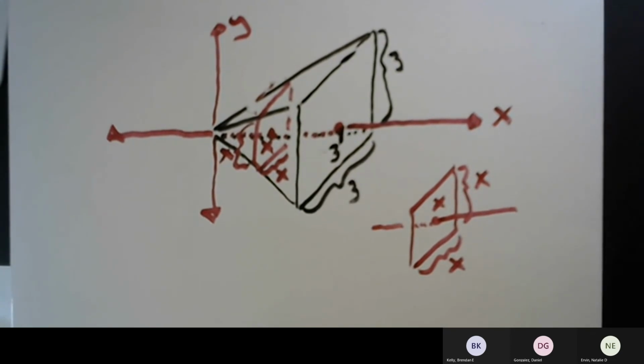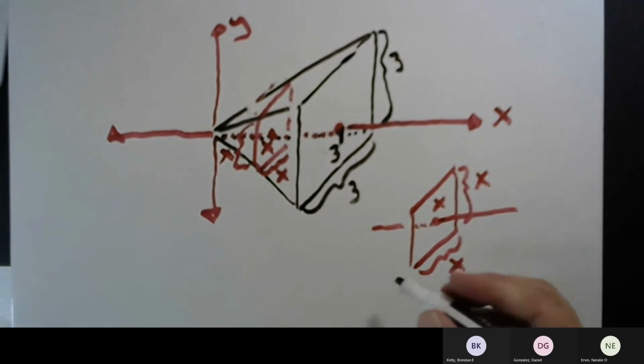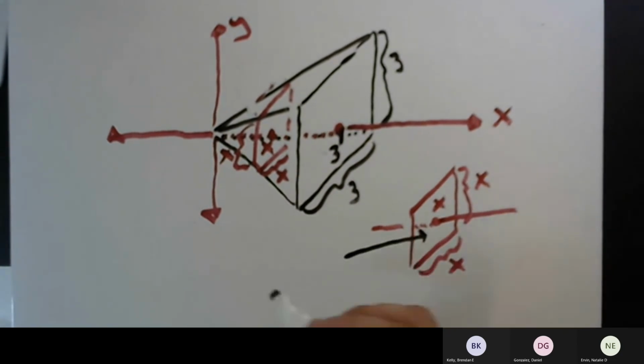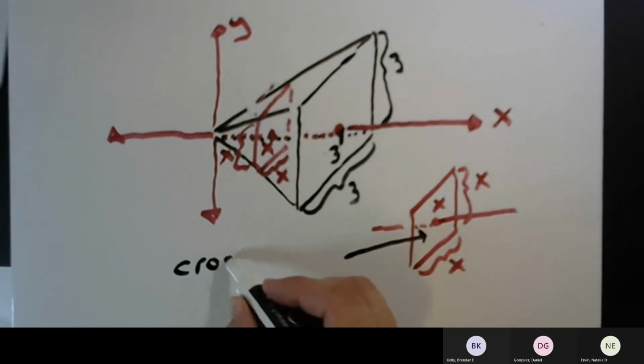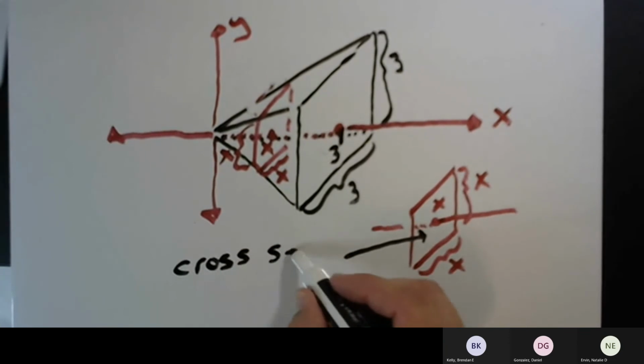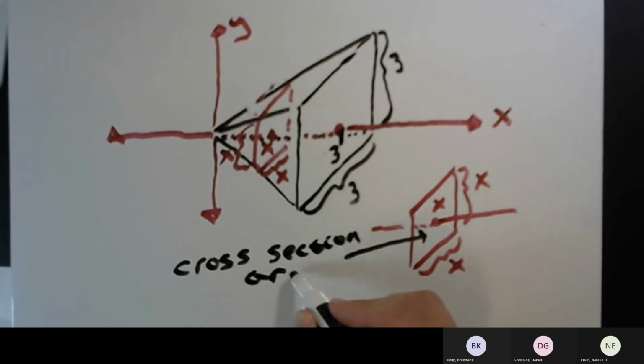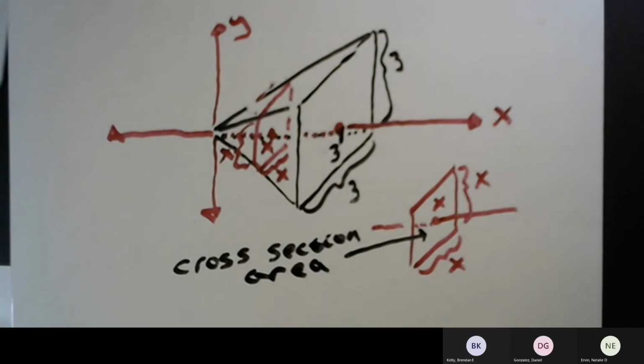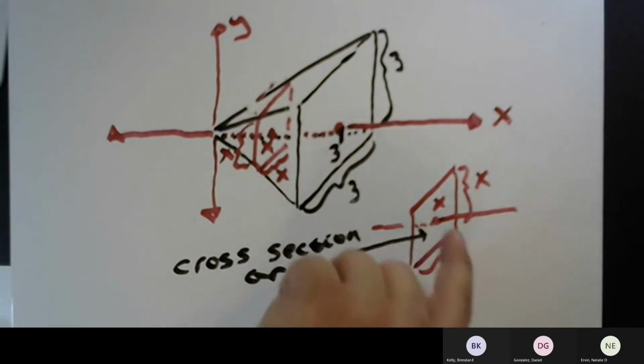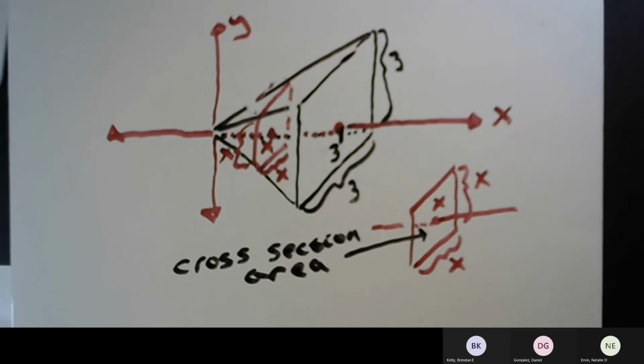And so what this does is this gives us the dimensions of the cross-section area in terms of its location on the x-axis. And that's what A of x is. That's what we want. So any questions about that?